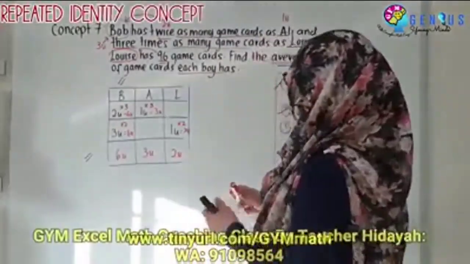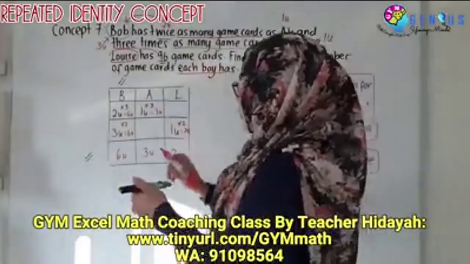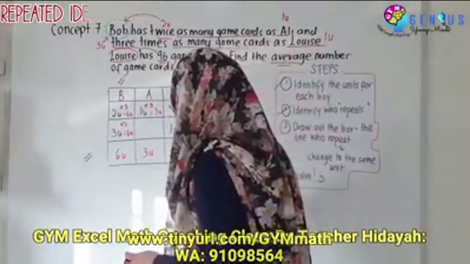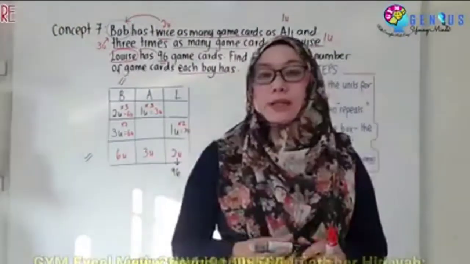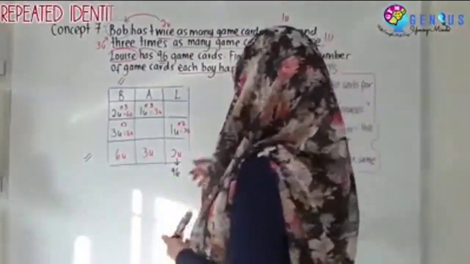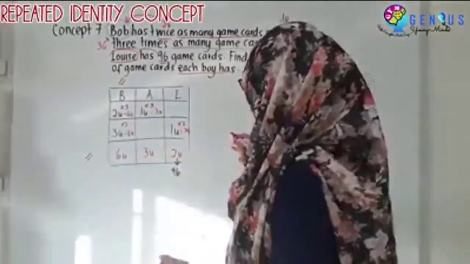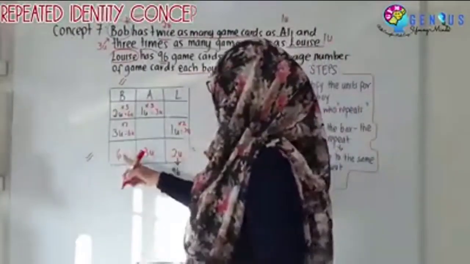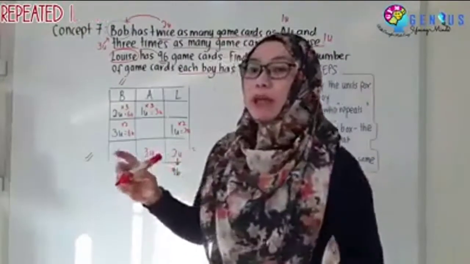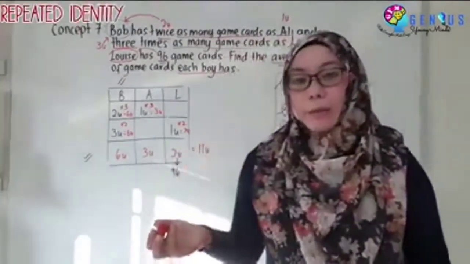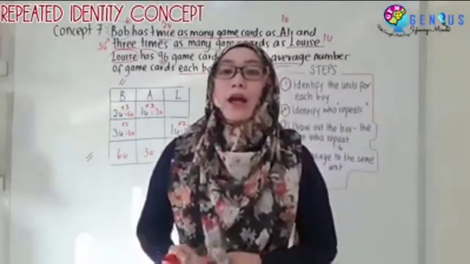Now the question says that Louis has 96 game cards, which means 2 units is actually 96. Agree? Now I want to know the average number of game cards each boy has, which means I want to know the total first. So 6 plus 3 plus 2 gives me 11 units. Find the total first, then we divide by the number of boys for the average.